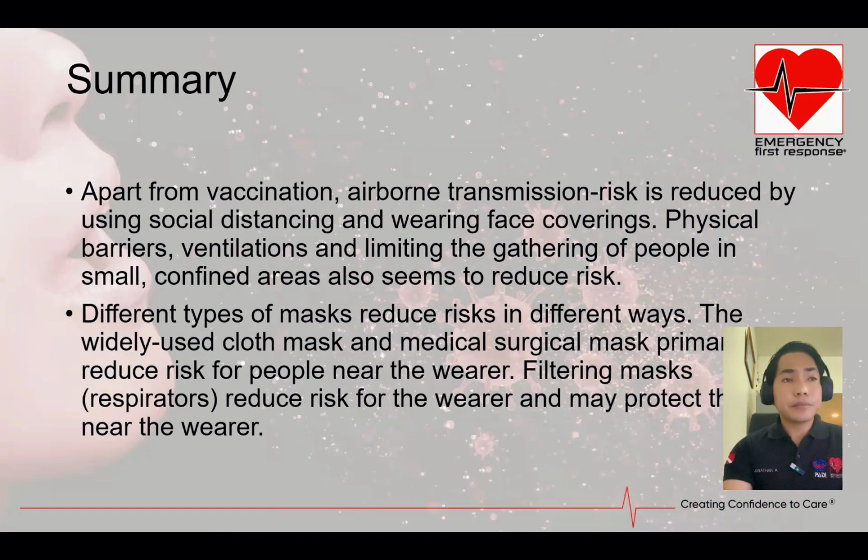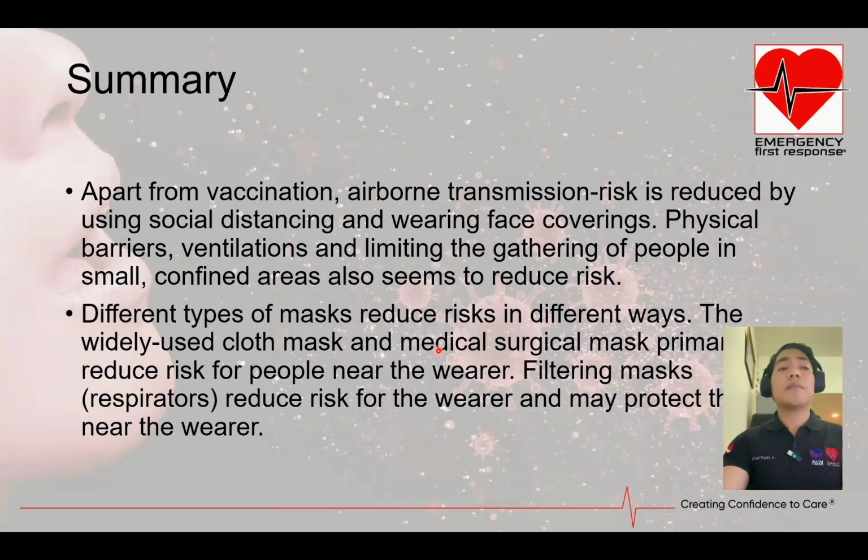Then again, apart from vaccination, airborne transmission risk is reduced by social distancing. It's very important to wear face coverings, use physical barriers and ventilation, and limiting the gathering of people in small, confined areas also seems to reduce risk.